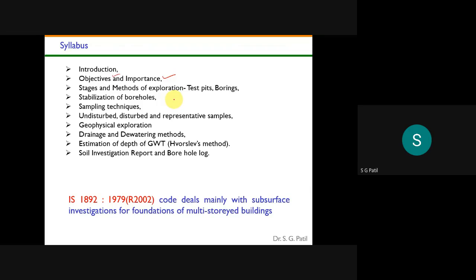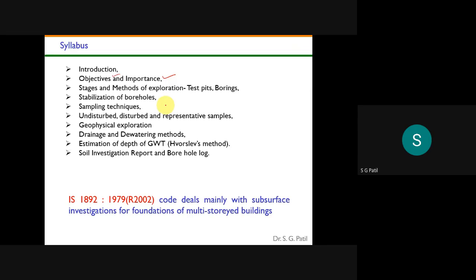In the preliminary investigation, we study the topology and the nature of soil, or you can do some topographic or aerial survey. In a nutshell, it is called a desk study. With that desk study, roughly you will get some idea about the site.